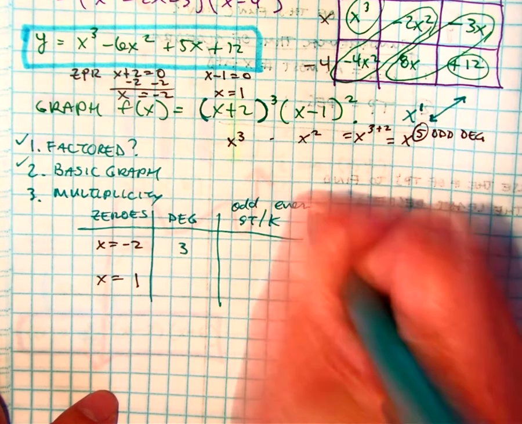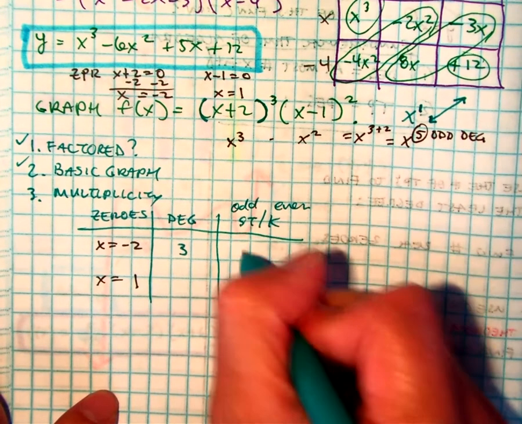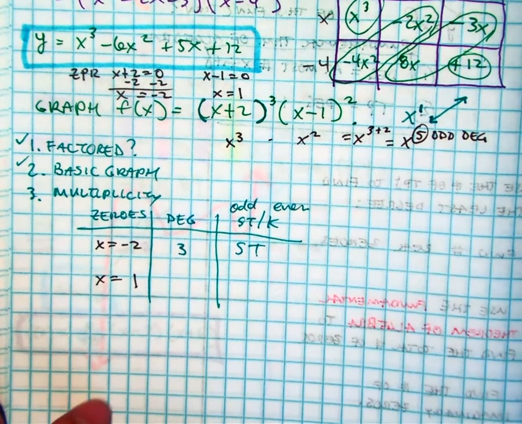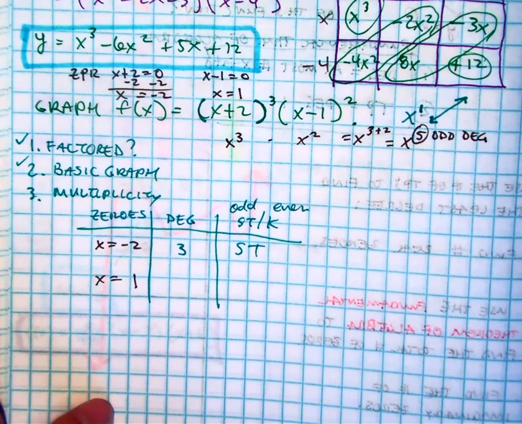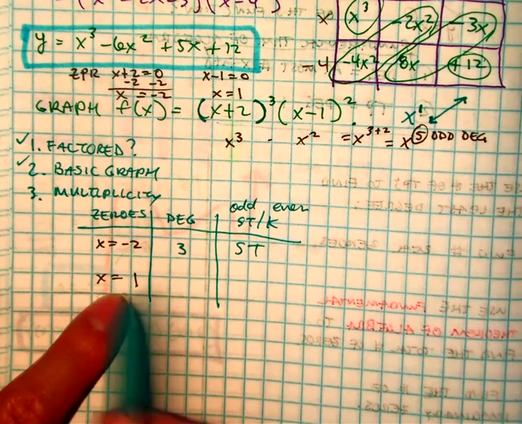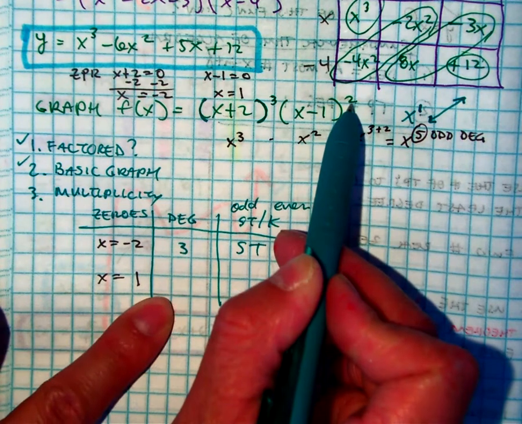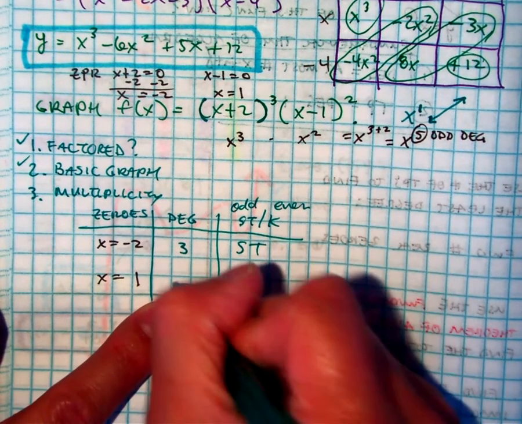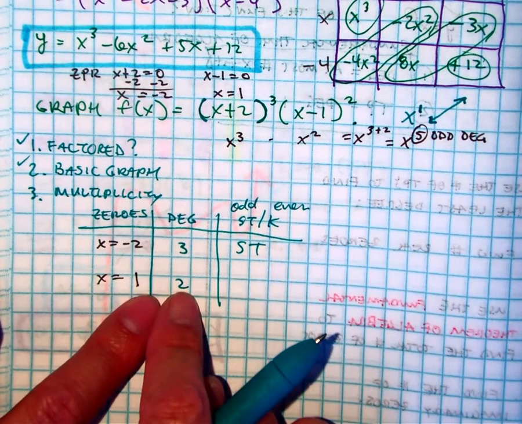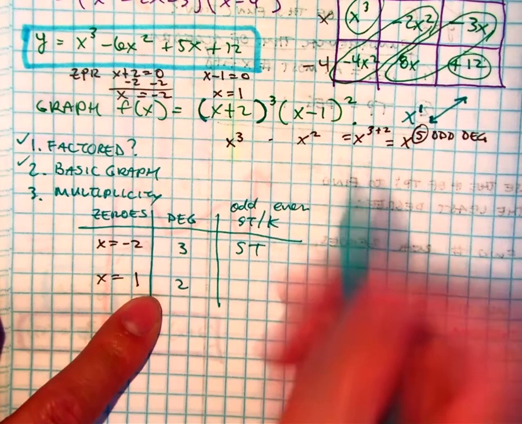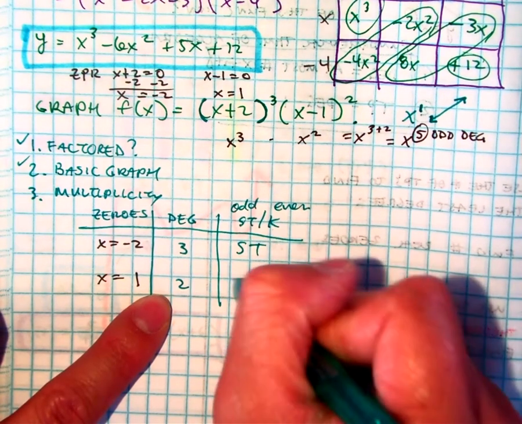If it is an odd degree, then it does something called shoot through. Here, x equals 1. That's the same thing as this. Its degree is 2. Class, is 2 an even or an odd? Even does kiss.